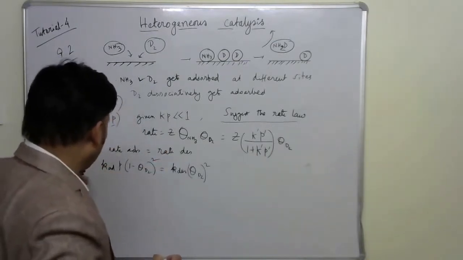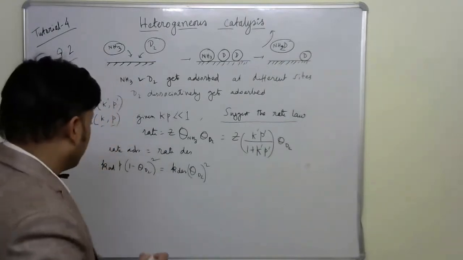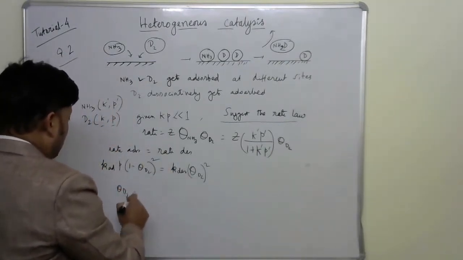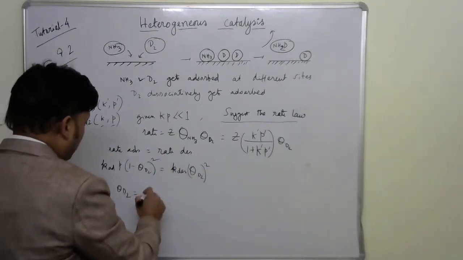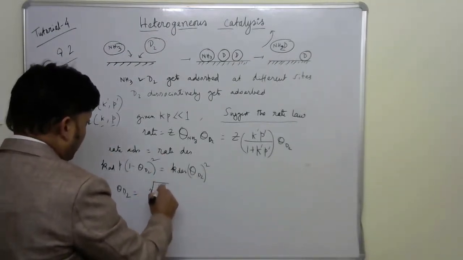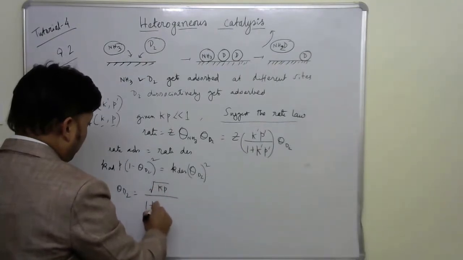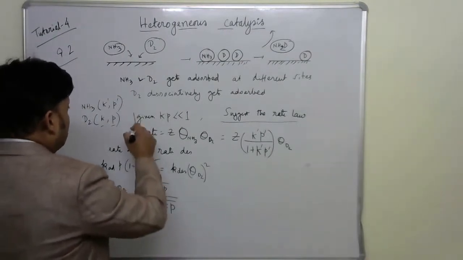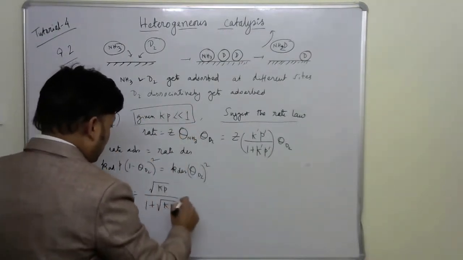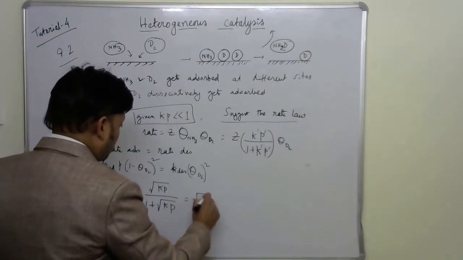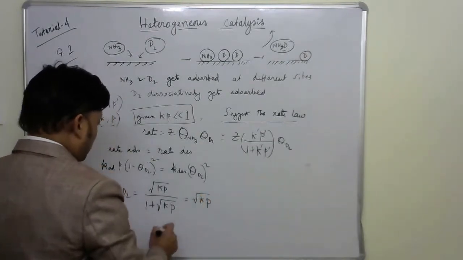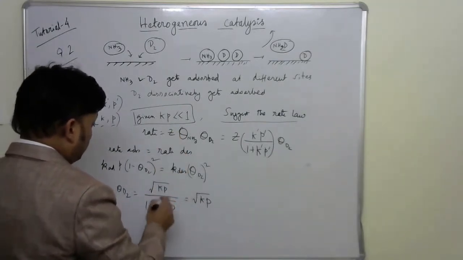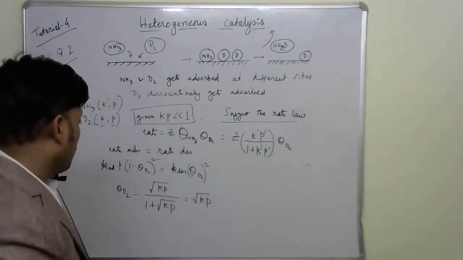So we have an equation like that, and from that we can express theta D2 is equal to, if we solve this, it would ultimately come as root over Kp divided by 1 plus root over Kp. And it is given that Kp is much less than 1, because if Kp is much less than 1, we can neglect root over Kp with respect to 1.